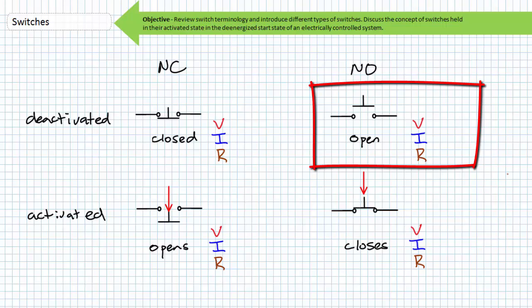What is the resistance of a normally open switch, often abbreviated NO switch, when it is deactivated? In its deactivated state, it should ideally present infinite resistance because it's open. In its deactivated state, a normally open switch will not allow current flow through it and should have a voltage drop across it depending upon its position in the circuit.